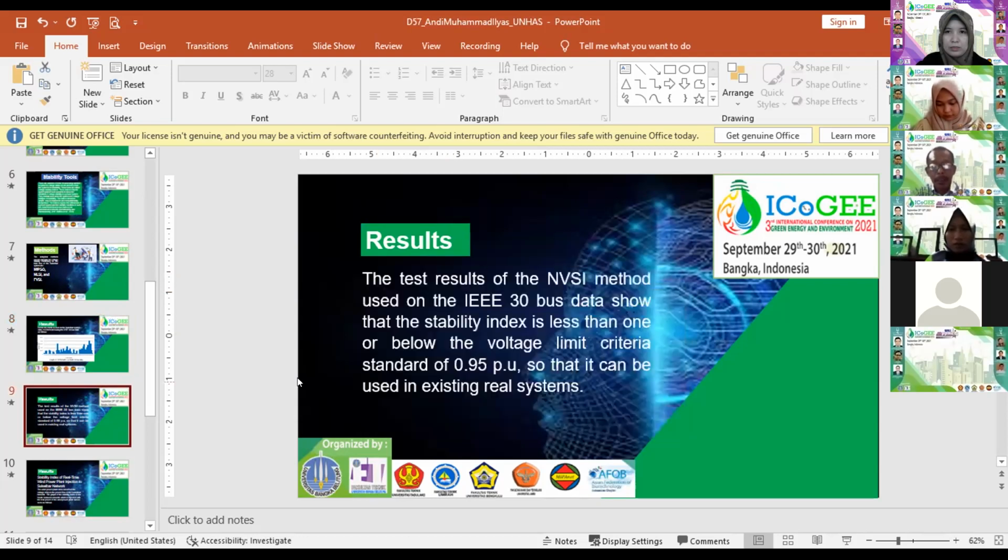The test result of the new voltage stability method used on the IEEE 30 bus data shows that the stability index is less than 1, below the voltage limit criteria standard of 0.95 pu, so that it can be used in an existing real system.